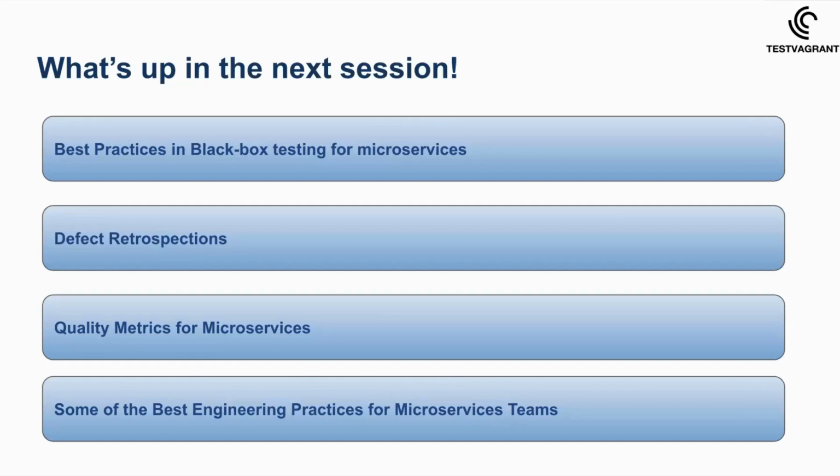We'll then look at some of the quality metrics for microservices, because all these implementations should have a value, so we'll talk about the effectiveness and how to make your testing effective. And then finally, some of the best engineering practices for the microservices team. A lot of other engineering practices beyond these testing activities are required to make a microservices team successful, so we'll share some of those best practices, which you can go and try in your teams. That is what we'll have in our next session.